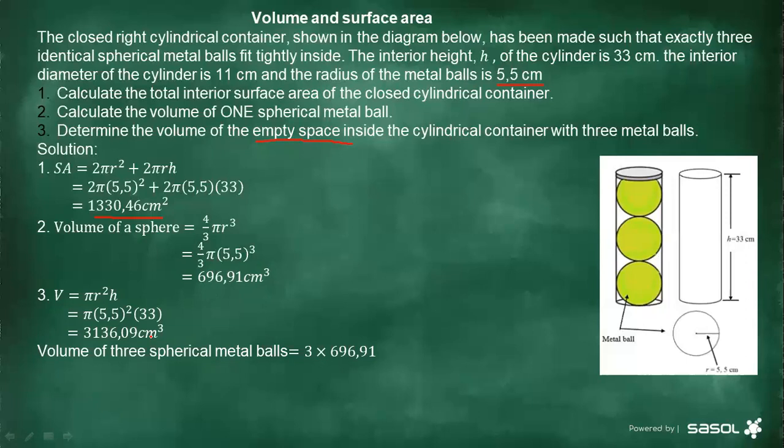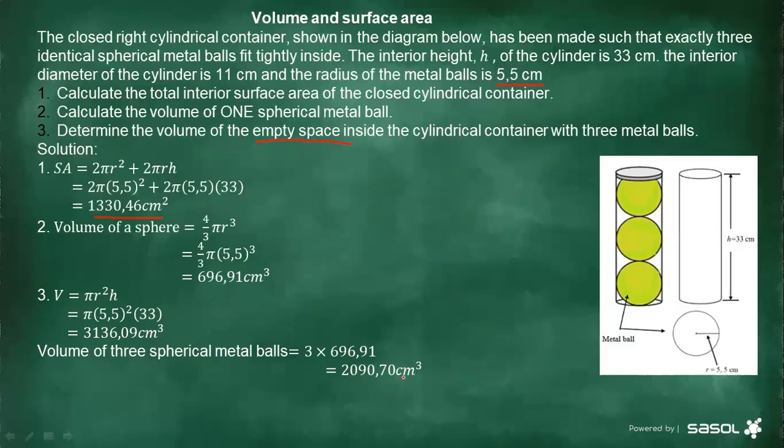To get the volume of 3, you multiply 3 times the volume of 1 metal ball. Then it's going to give us 2,090,70 cubic centimeters.